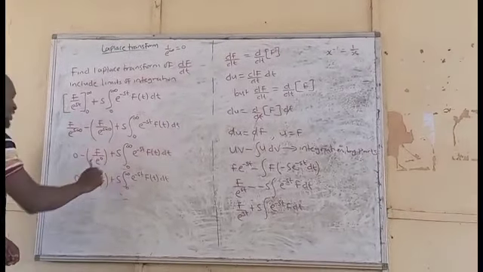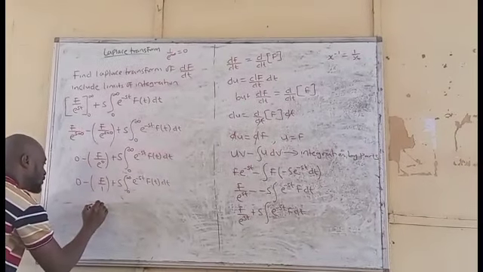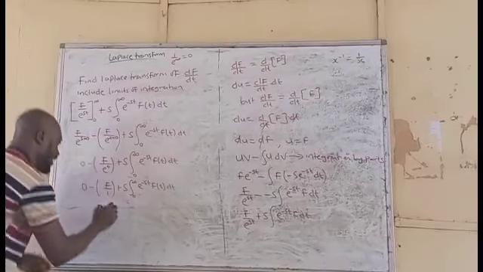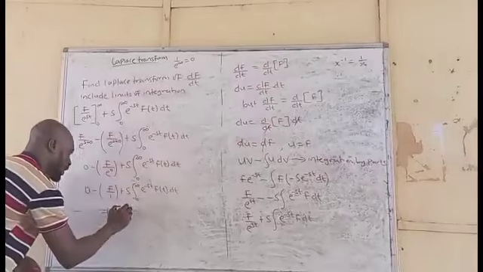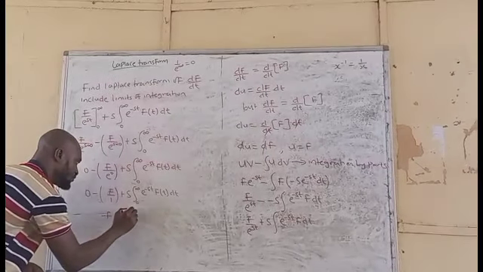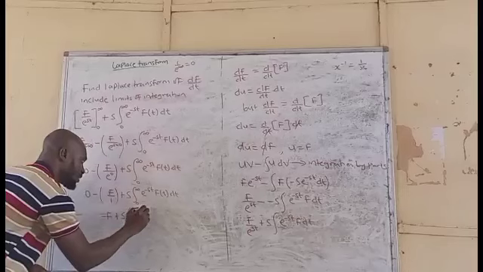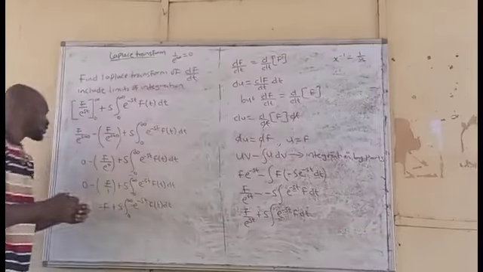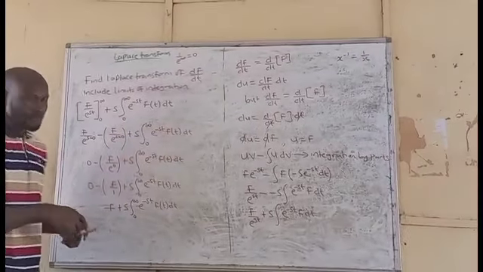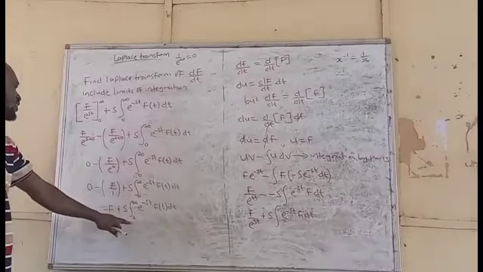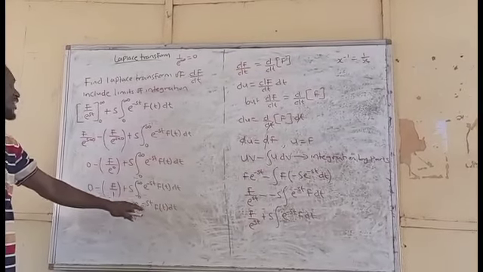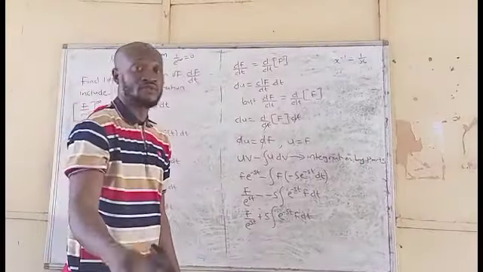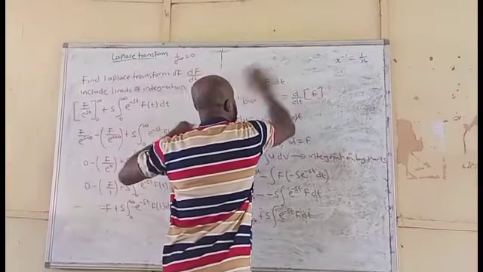So minus times this f will give you minus f, plus s multiplied by the integral of 0 to infinity of exponential raised to the power minus st multiplied by f of t times dt. This is what I'm going to get. But my integral from 0 to infinity of exponential raised to the power minus st times f of t times dt is equal to F of s.